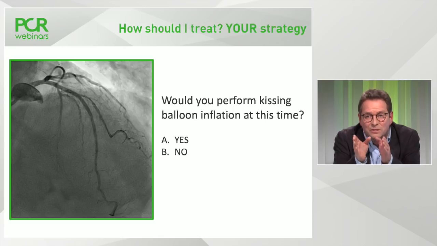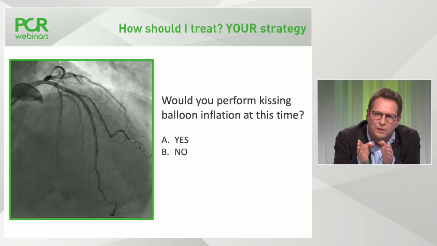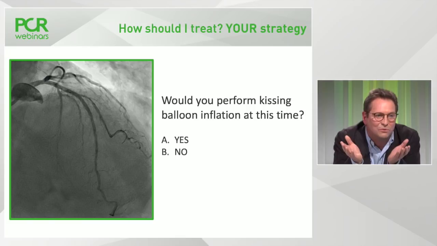I agree there is disease in the side branch, but should we be strict to the philosophy? We should go for balloon angioplasty, which makes sense, because if we succeeded with balloon angioplasty of the side branch, we don't need a stent, but we corrected the disease. So yes, in that case, if we go with the balloon in the side branch, we should, of course, do it in the main branch, and then we should do kissing.